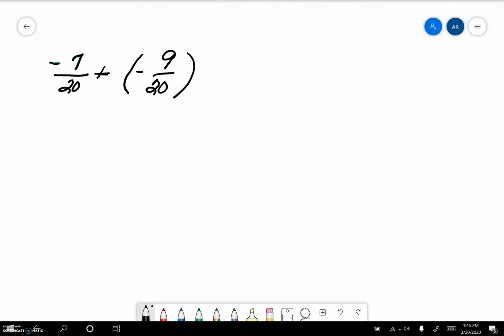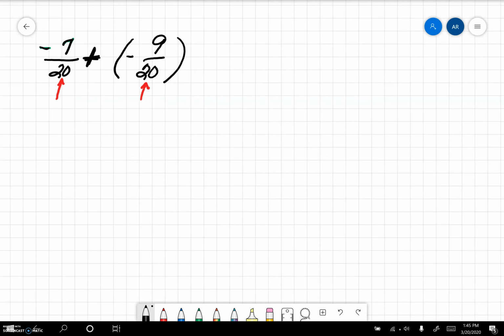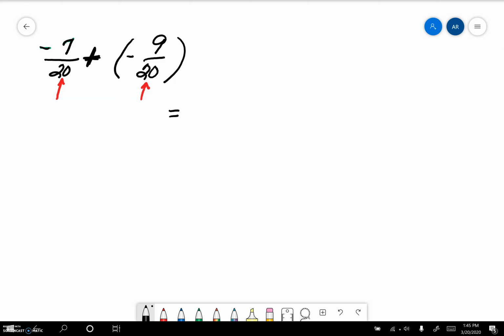So now, if I'm going to be adding or subtracting fractions, the first thing I need to ask myself is, are these the same? Are they common denominators? If they are, then your work is easy. Then all you need to do is just rewrite that as one fraction, negative 7 plus a negative 9 all over 20.